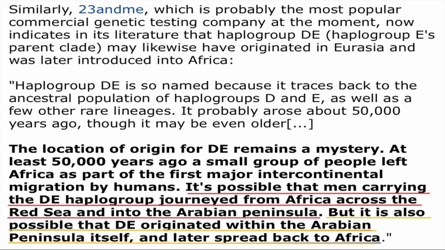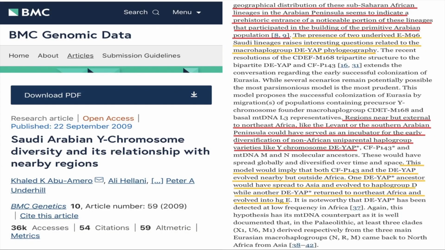They say it's possible that men carrying the DE haplogroup journeyed from Africa across the Red Sea and into the Arabian Peninsula. But it is also possible that DE originated within the Arabian Peninsula itself and later spread back to Africa.